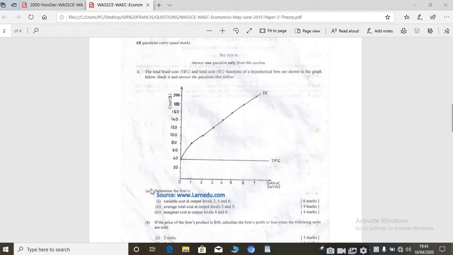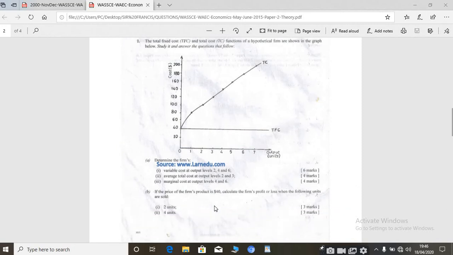We've already solved the I aspect of A, which says we should find the variable cost at output level 2, 4, and 6. We've already done that, so those who have missed that should go back to the channel and you'll find the series or the presentation on that.